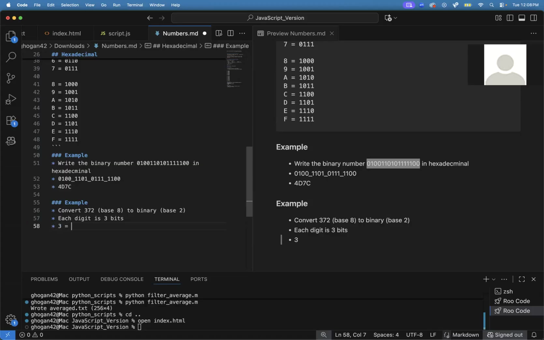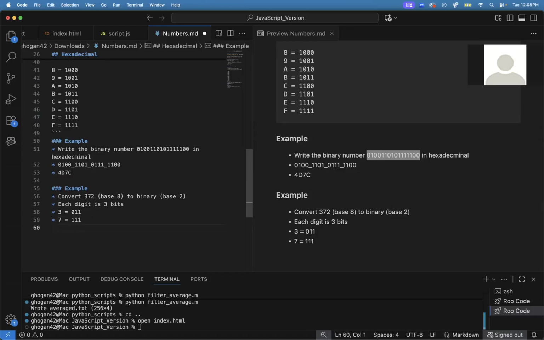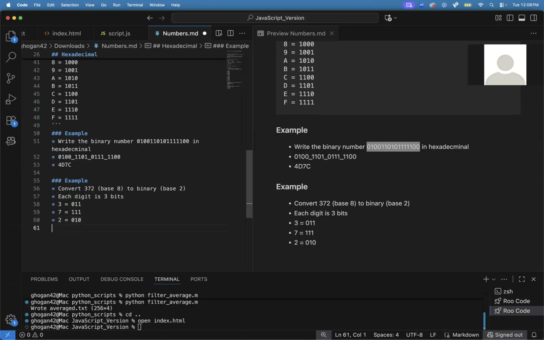So like the 3, what would it be as a 3-bit number? Well, 3 is just 2 and 1, right? So it would be 011 as a binary number. And the 7 as a binary number is 111. And the 2 as a binary number would be 010, right? And so what does that mean?